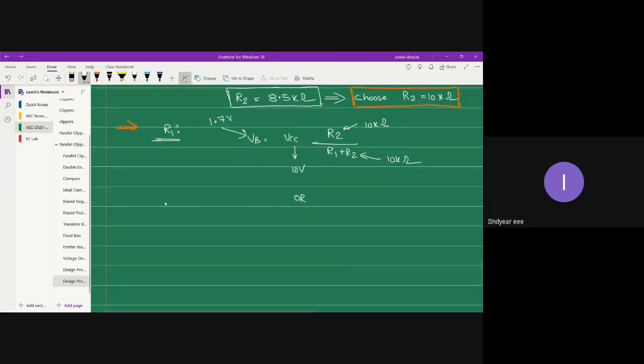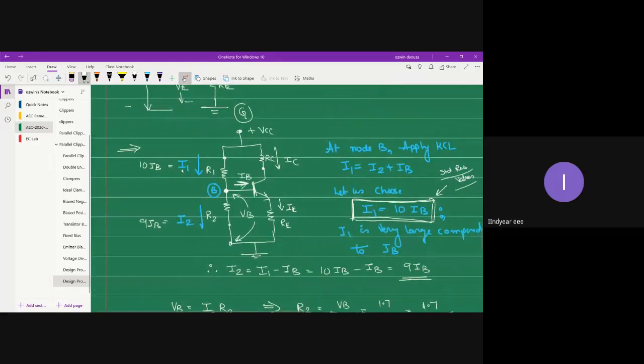Or you can also find R1 from the voltage drop across R1. What is the voltage drop across R1? It is basically I1 into R1.